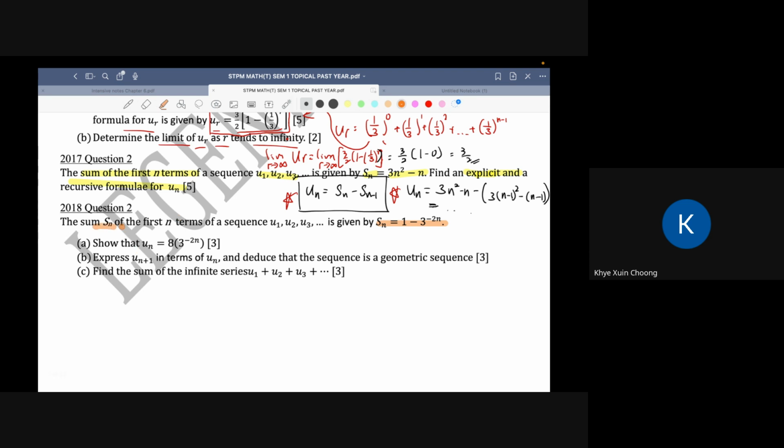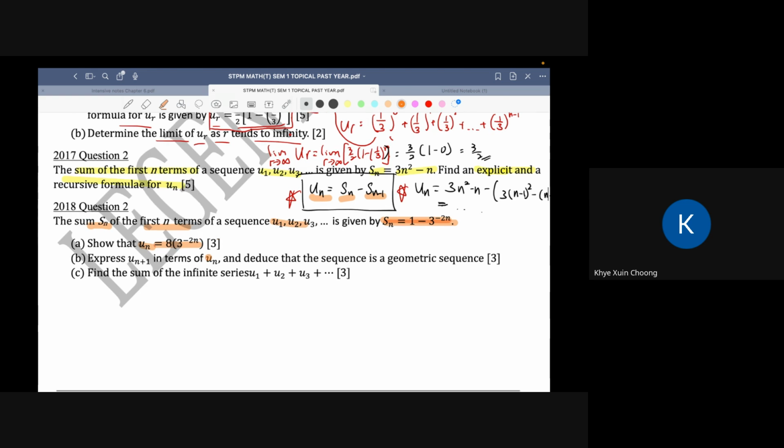Then 2018. The sum Sn of the first n terms of the sequence is given by this. Show that Un equals to this. How to do? Similar type of question. If it gives you Sn and wants you to find Un, you use this formula, Un equals to Sn minus Sn minus 1. You should be able to simplify it until this part. If you are not able to simplify until this, you can still do part B because you have the formula of Un.